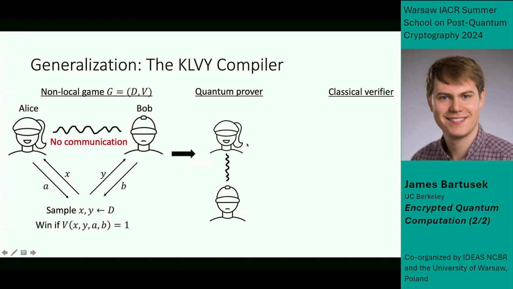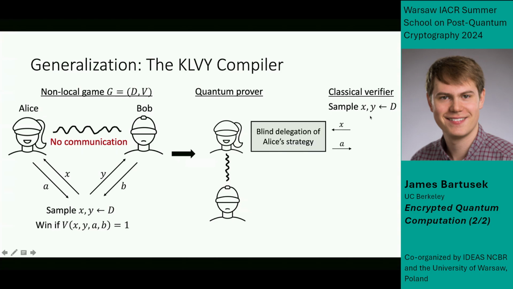And this is how it's done. A single prover will begin by setting up the entanglement between Alice and Bob. So now there's a single quantum prover that implements both Alice's and Bob's strategies. The classical verifier begins by sampling these 2 questions.